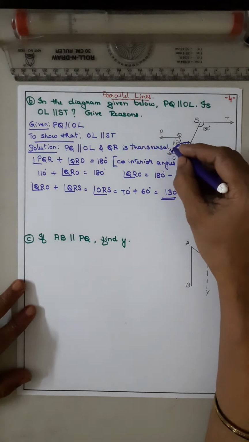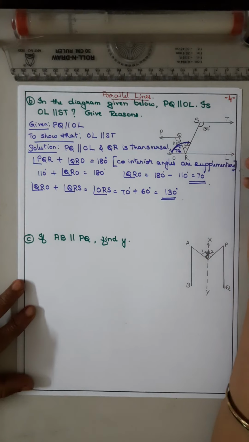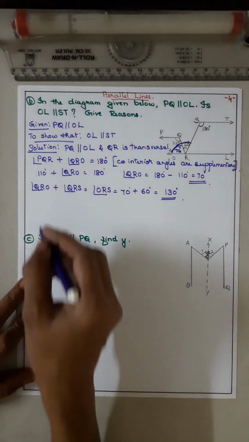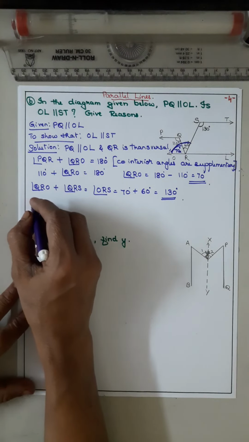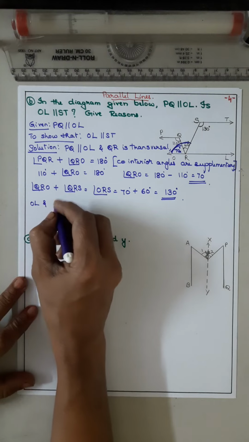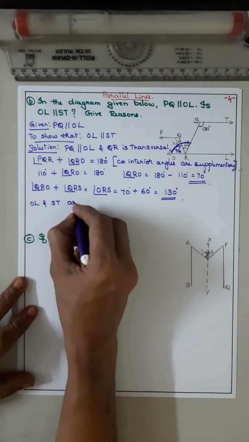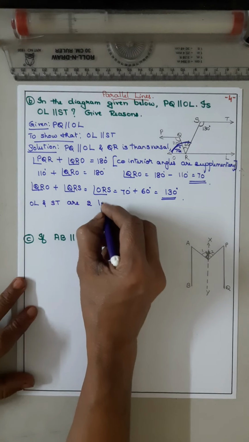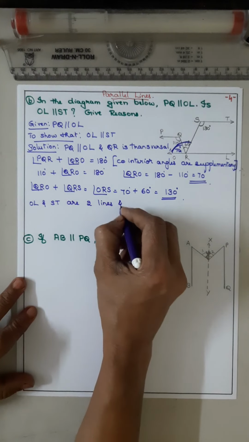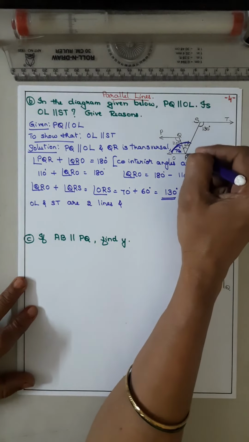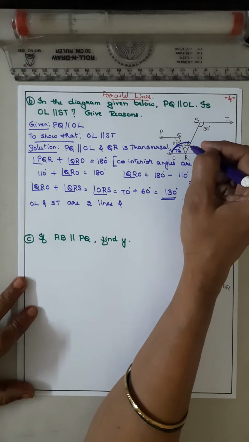Now, see OL and ST. These are 2 lines, and which is the transversal? SR, isn't it?